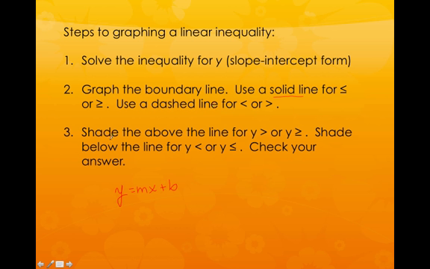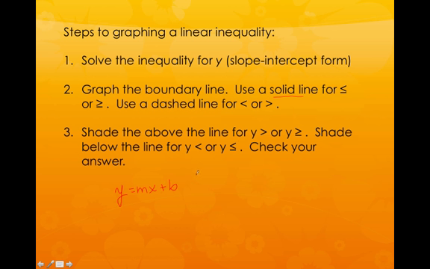Thirdly, I'm going to shade above the line when I have an inequality where y is greater than or y is greater than or equal to. And I'm going to shade below the line when I have an inequality where y is less than or y is less than or equal to.